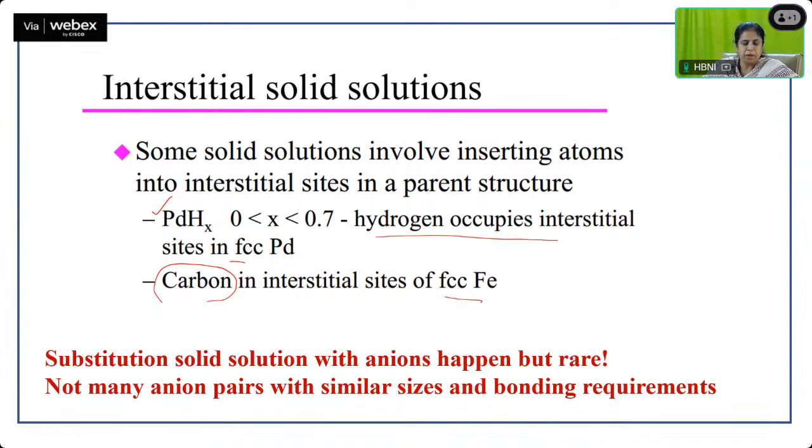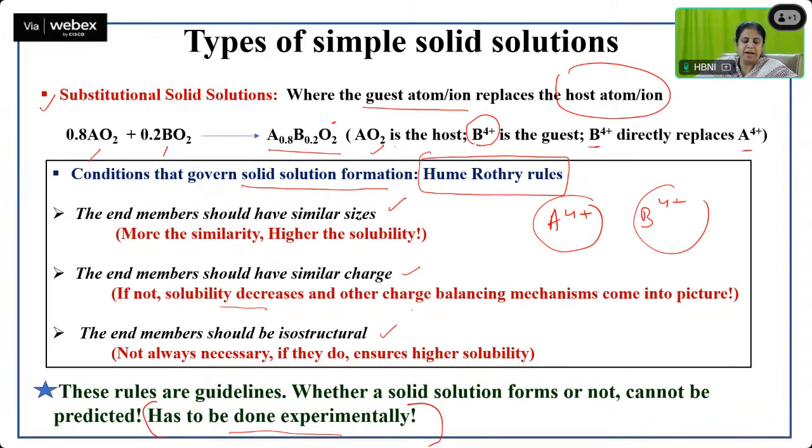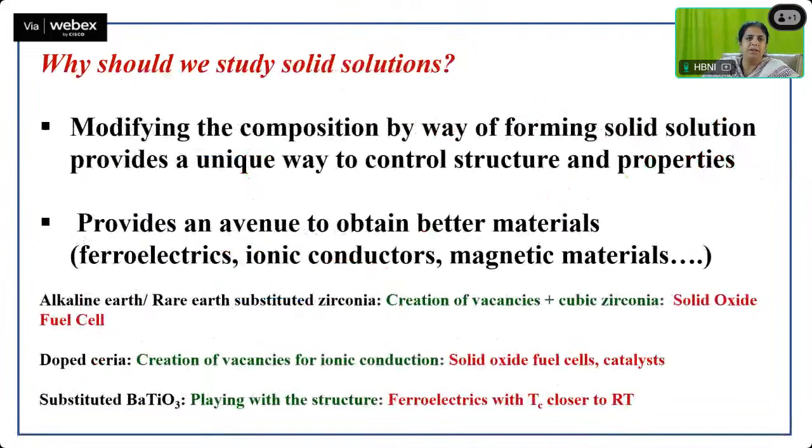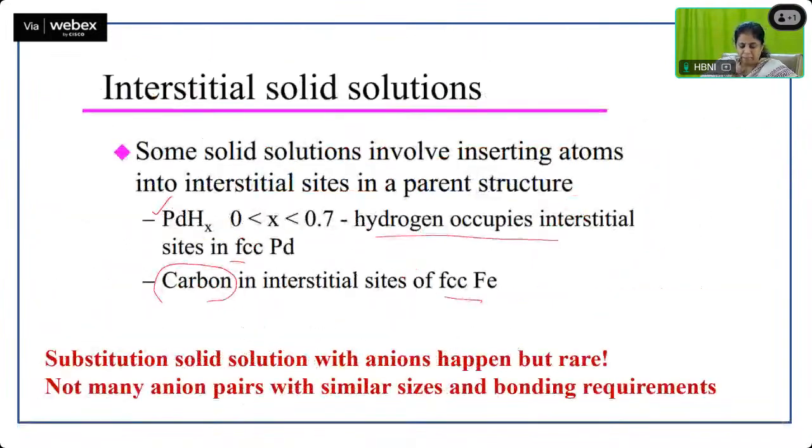Okay. So in the previous slide, where I gave you this example, you would have noticed that I'm only talking about cations replacing cations. So does substitutional solid solution with anions happen? They do happen, but they are rare. Why?